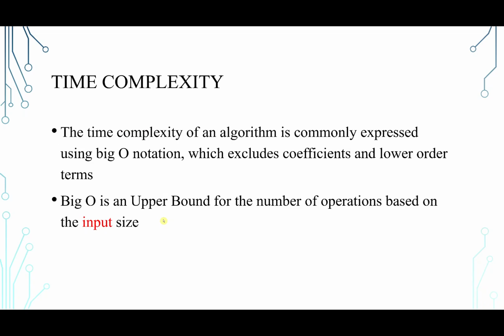The time complexity of an algorithm, however, is commonly expressed using the big O notation, which excludes coefficients and the lower order terms. And you're going to see those today a lot because we have a lot of examples to show you. How do we exclude coefficients and why? The most important thing is why.